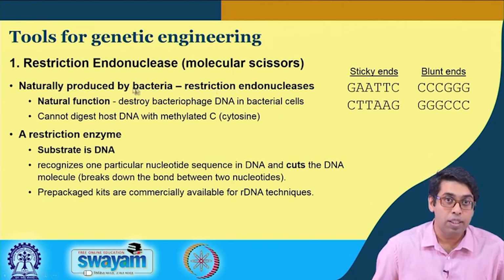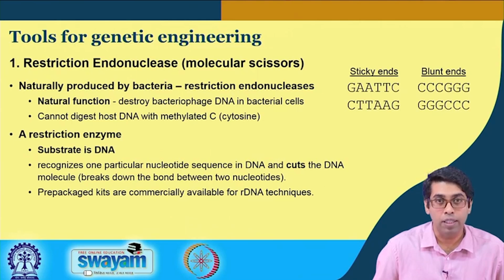The first one is the restriction endonuclease, which are basically the molecular scissors. Naturally they are found in bacteria and they have a very specific function: their job is to destroy bacteriophage DNA. Bacteriophage is a type of virus which infects bacteria.